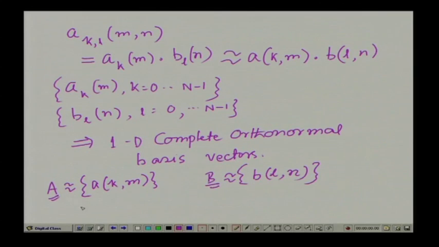And we have said that if they are unitary matrices, then A conjugate transpose is equal to A transpose A conjugate, which should be equal to the identity matrix. So, if this holds true, in that case we say that the transformation that we are going to have is a separable transformation.